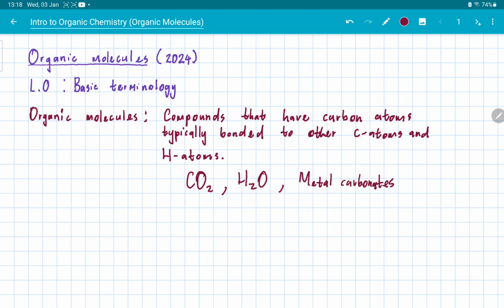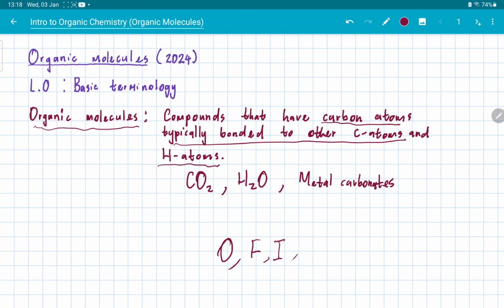Typically in organic compounds, we have a carbon atom that is bonded to other carbon atoms, but also there's a hydrogen atom, and there might be oxygen there, there might be a halogen, which is fluorine, chlorine, bromine, or iodine.